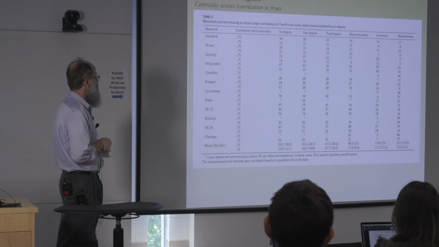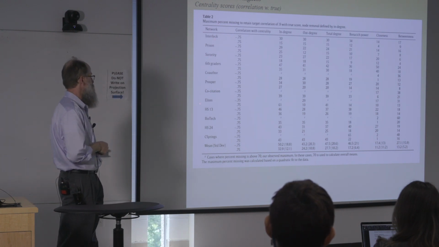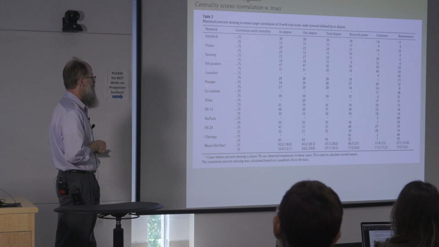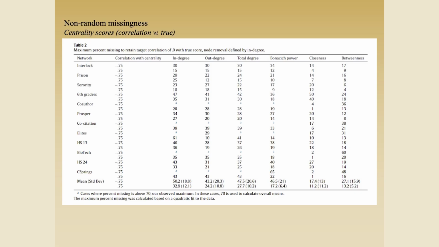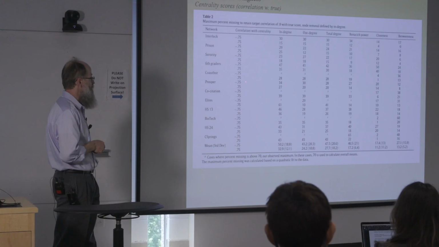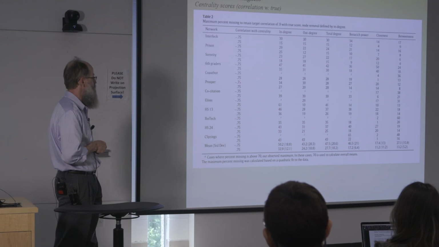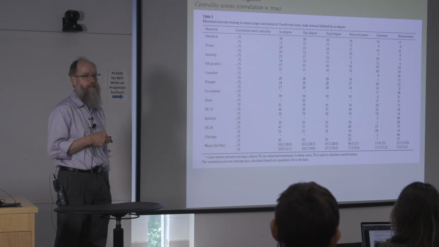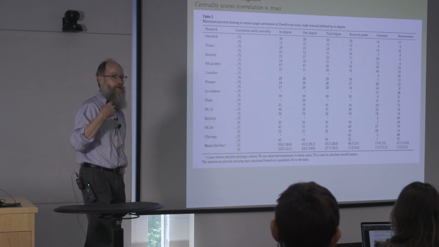So if I have a network that looks like one of these, so I'm dealing with something like one of the Prosper schools or a smallish Add Health school, and I've selected my data such that I remove peripheral nodes, which is I'm selecting them randomly but negatively correlated with centrality. So I'm removing peripheral nodes. I can lose up to a third of my sample and still have a 90% correlation with the true score.